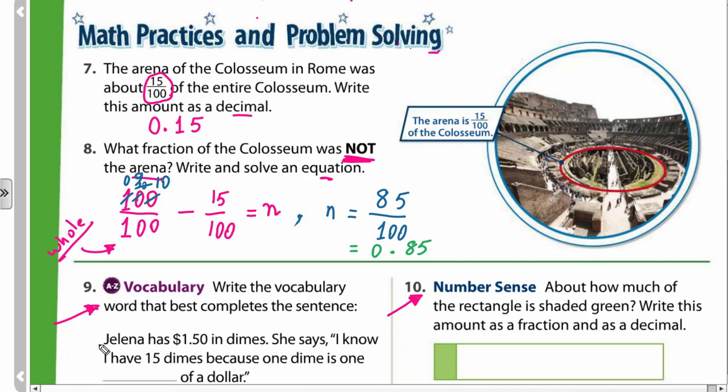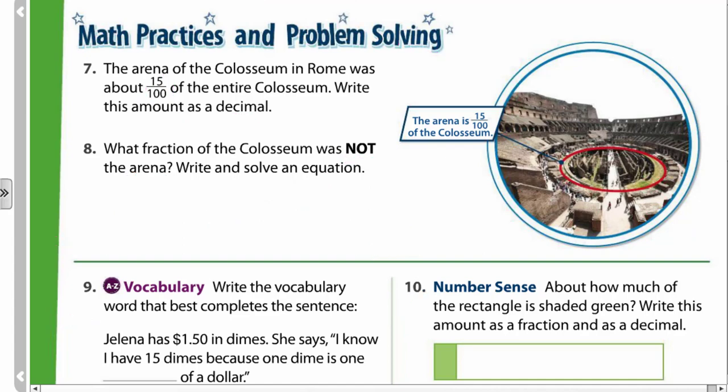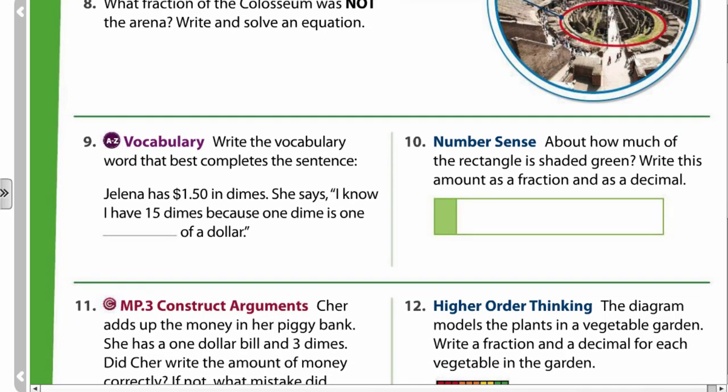Is there anyone writing now? No. Okay, I will erase everything and I will move down. So we can see questions 9 and 10 here.